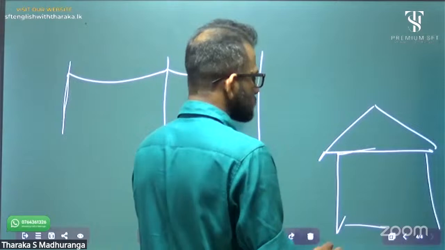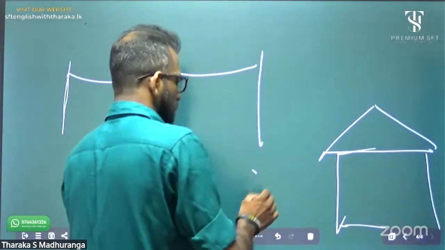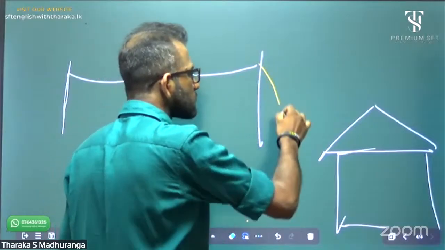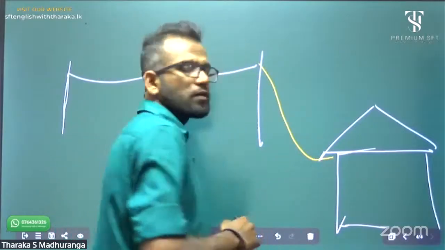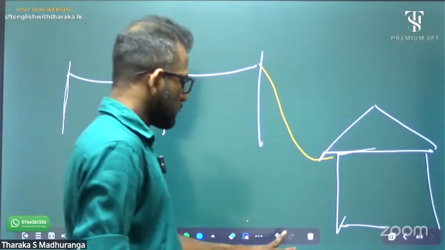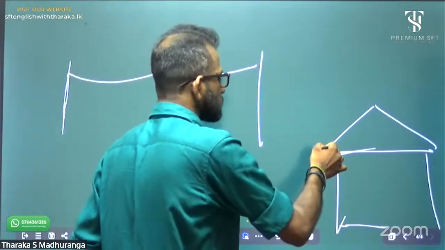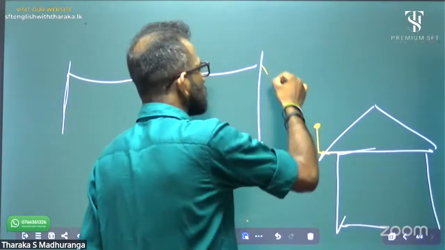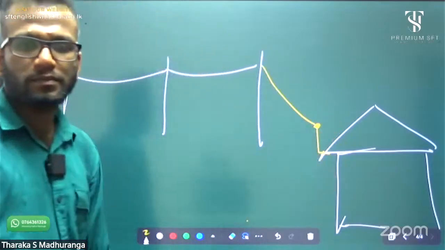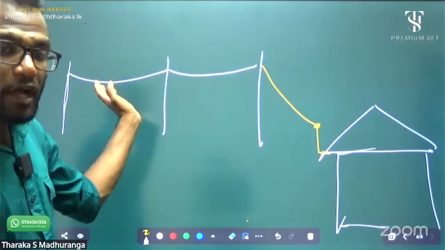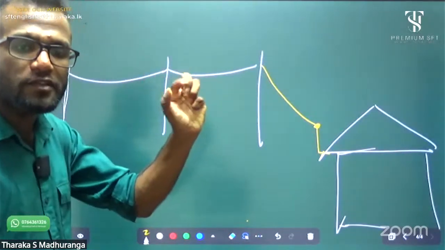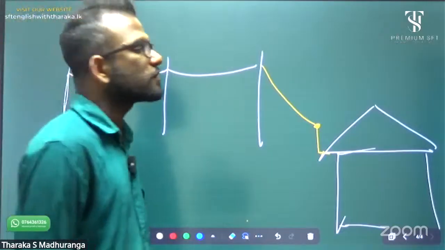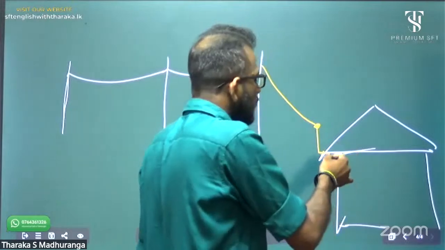Now this is our current wire. They are transmission wires. How about the thickness of transmission wires? Greater thickness, no? Okay, this is our transmission wire.